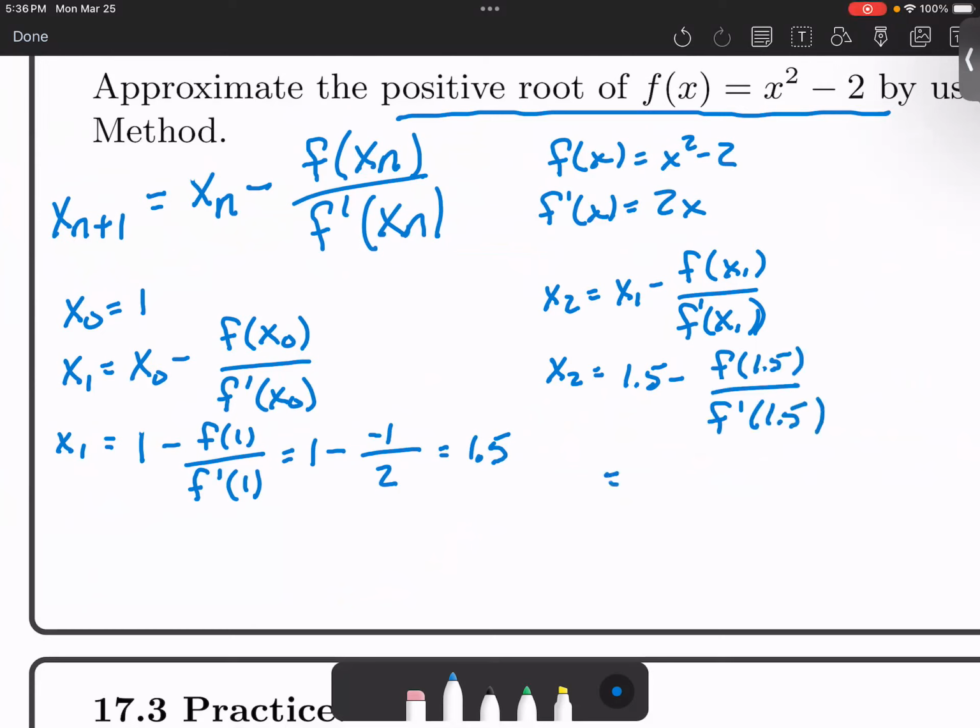I'll skip the details. All you have to do is evaluate your function at 1.5 and your derivative at 1.5, run through this equation, and your second value is, we're going to have to approximate, 1.41667.